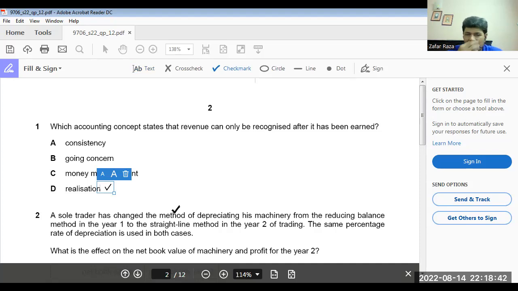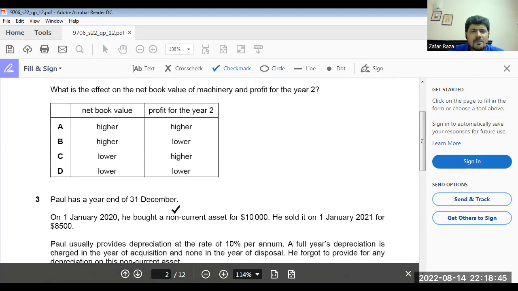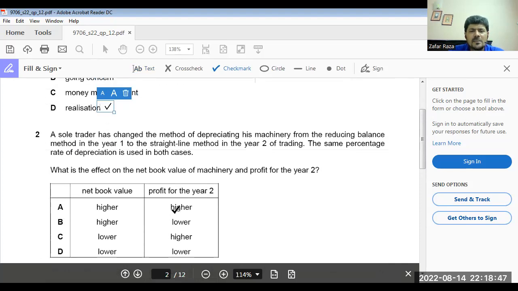Okay. A sole trader has changed the method of depreciation. Depreciating his machinery from the reducing balance method in the year 1 to the straight line method in the year 2 of trading. The same percentage rate of depreciation is used in both cases. Now, what happens in diminishing balance method? The second year's depreciation is lower than first year's depreciation.